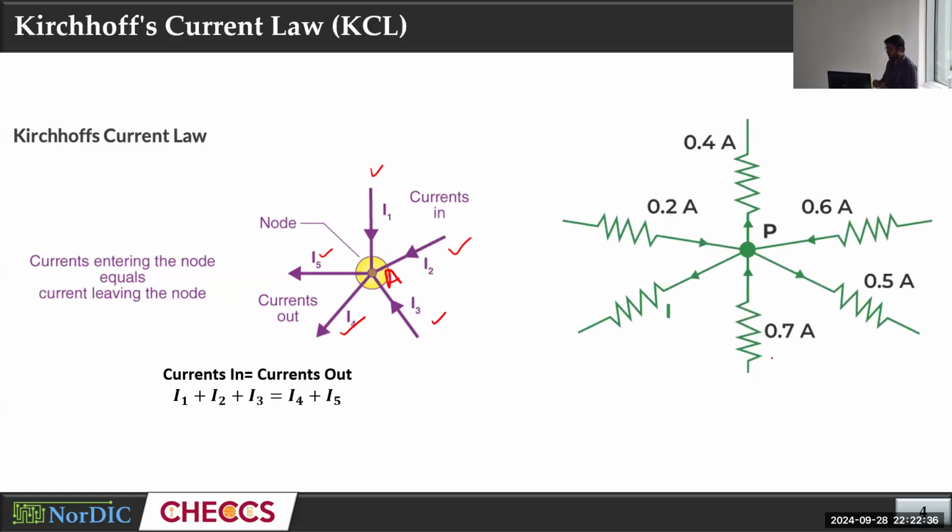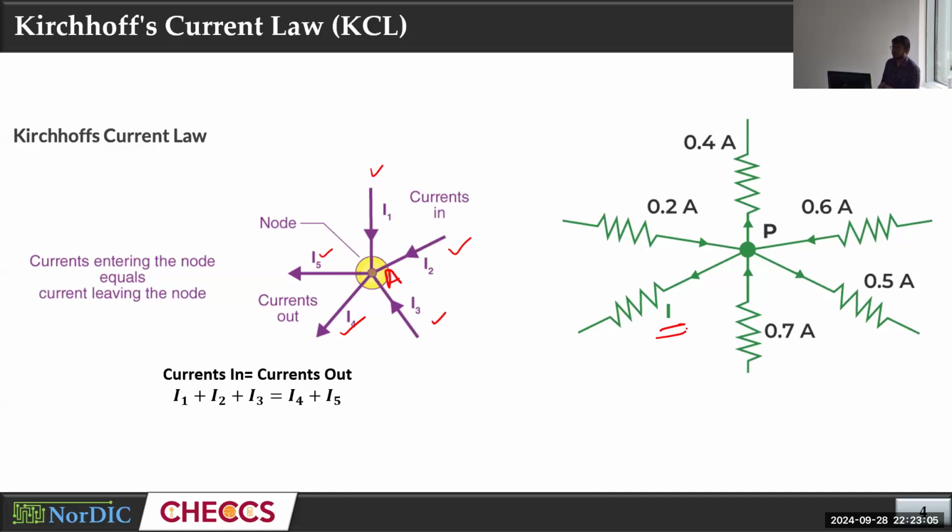So let's have a look at this example here. We have a node P here, and you can see some currents are entering, some currents are leaving the node P. Here we know the value of almost all the currents, except one, which is I. We don't know the value of I, so we have to calculate the value of I using KCL, Kirchhoff's current law.